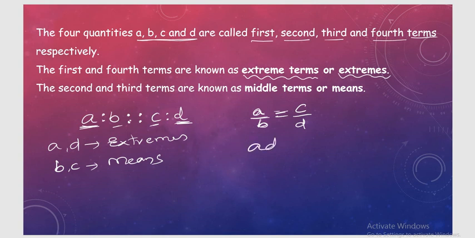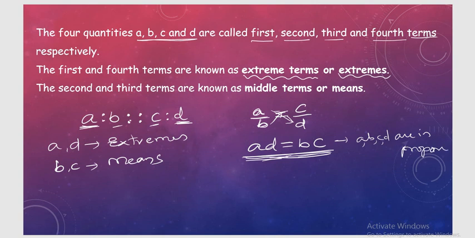So if we do cross multiplication, A into D is equal to B into C. If you want to say that A is to B, C is to D are in proportion, then we need to satisfy this condition: A into D should be equal to B into C. If this condition is satisfied, then we can say A, B, C, D are in proportion.